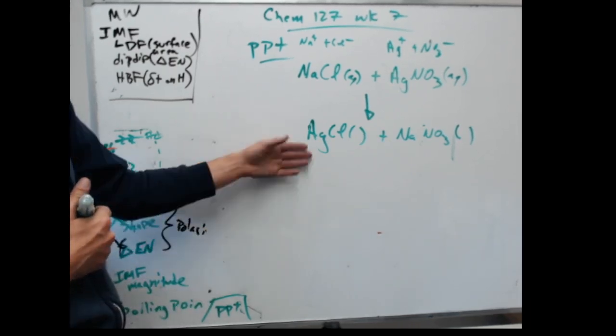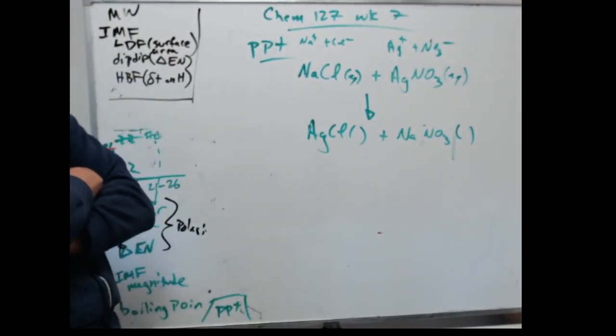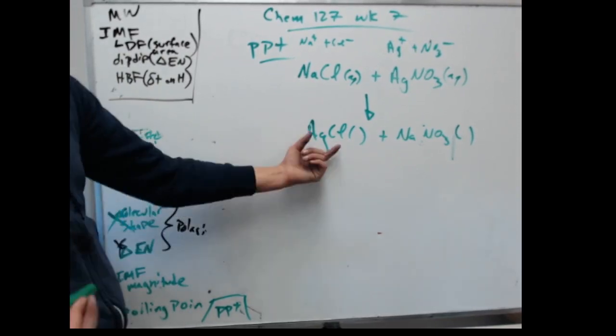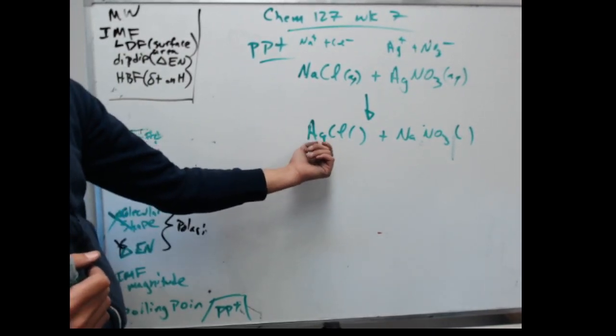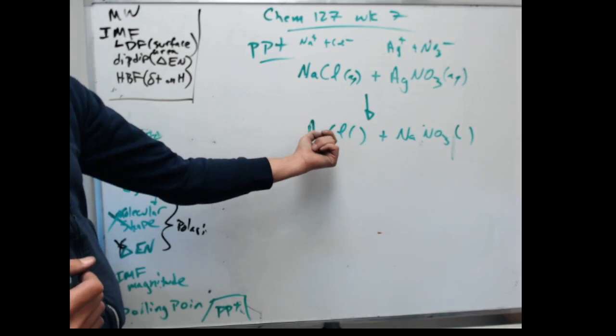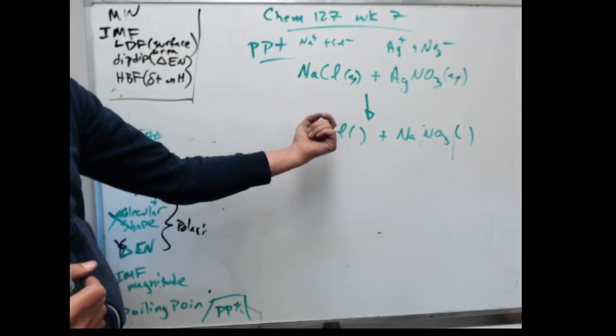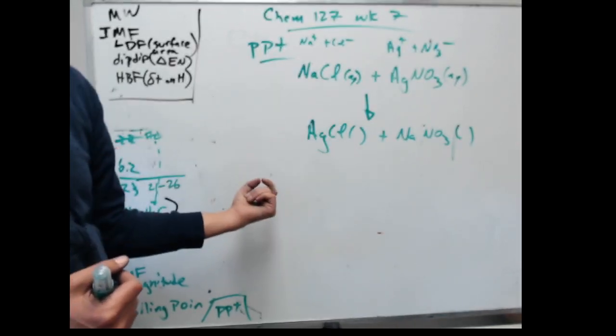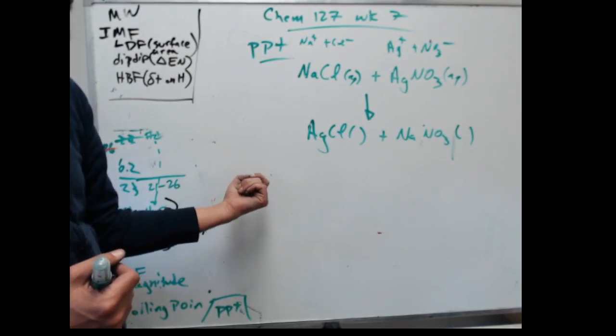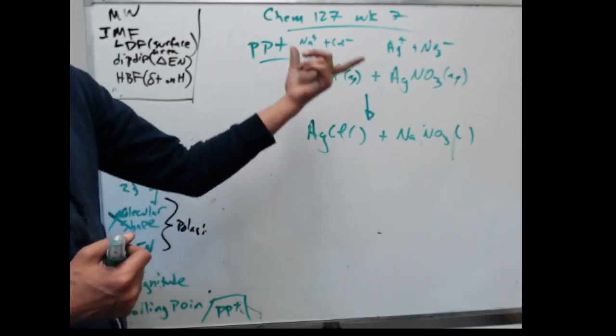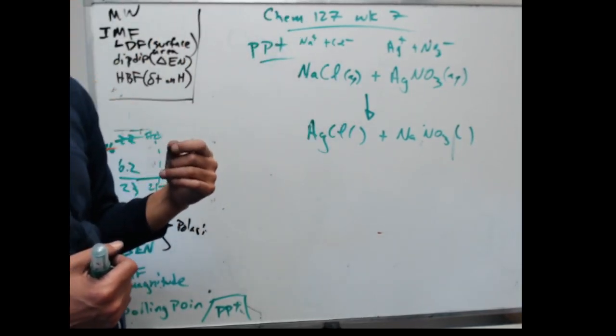Now, I go through these compounds and I say, did something change? When this silver and this chloride bump into each other, do they stick to each other through the different kind of lattice energy forces versus water ion dipole interactions, or do they interact with the water and stay aqueous?